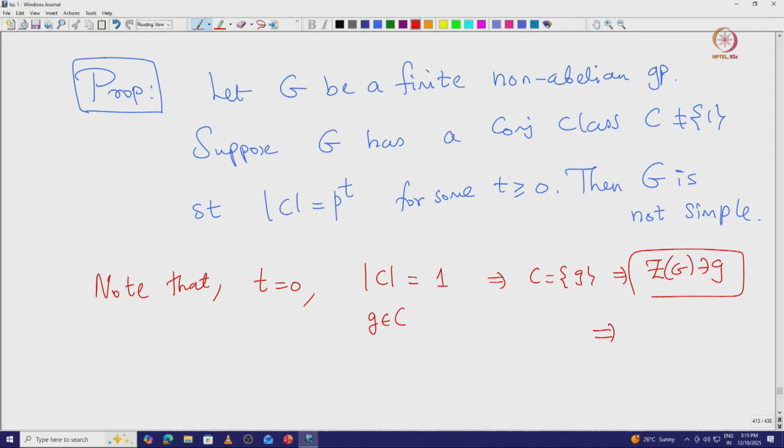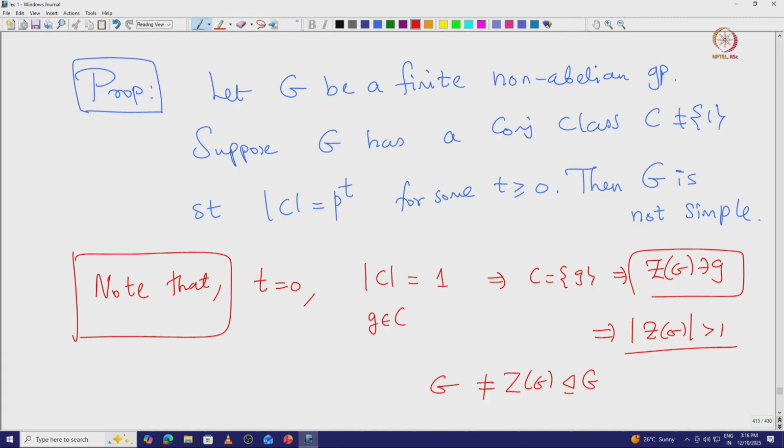So, the center is non-trivial. That means you have a non-trivial normal subgroup of G, because we already know that the center is always a normal subgroup, and since G is non-abelian, the center must be proper inside G. So, it is a non-trivial proper normal subgroup of G, which means G is not simple. For this purpose we can just assume that t is bigger than or equal to 1, but anyway, this is a simple observation.